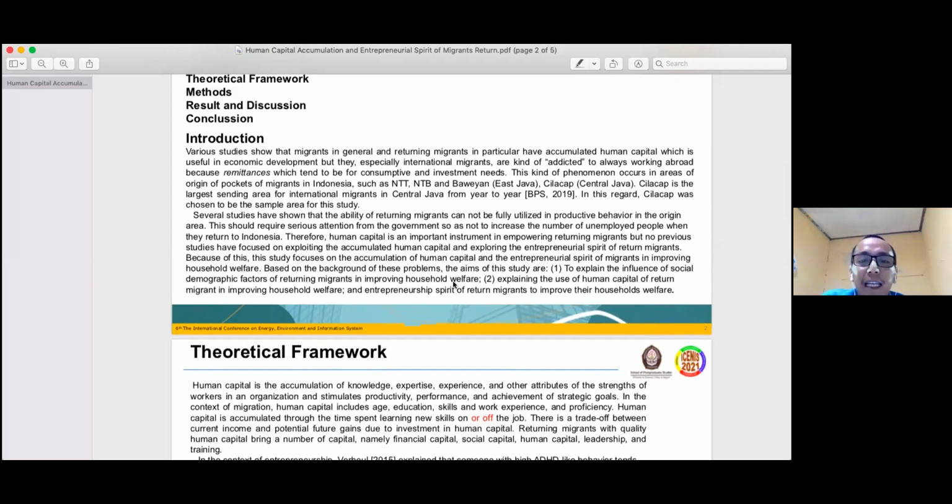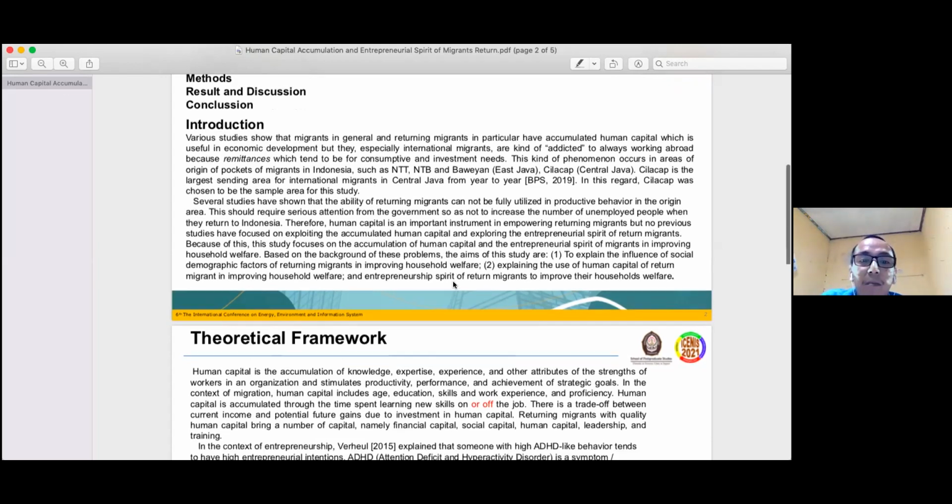Therefore, human capital is an important instrument in empowering returning migrants, but previous studies have not focused on exploiting accumulated human capital and exploring the entrepreneurial spirit of return migrants.